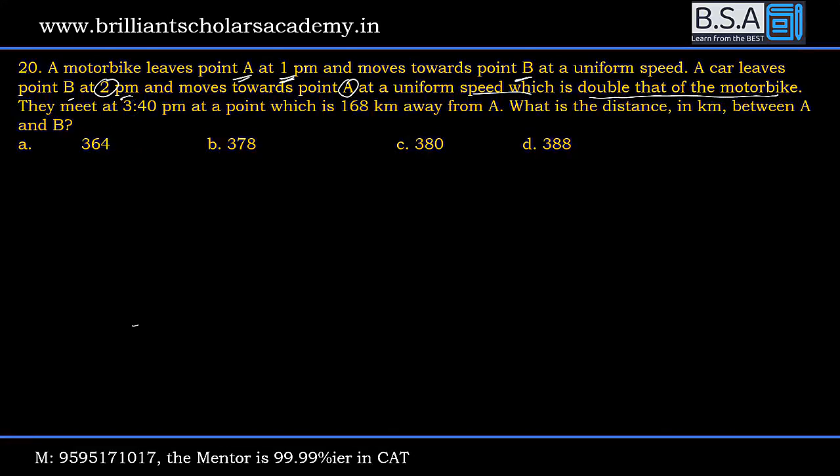They meet at 3:40 p.m. at a point 168 kilometers from A. What is the distance in kilometers between A and B? If I am not mistaken, this is a question from 2017 CAT. A very easy question nonetheless, but from CAT.